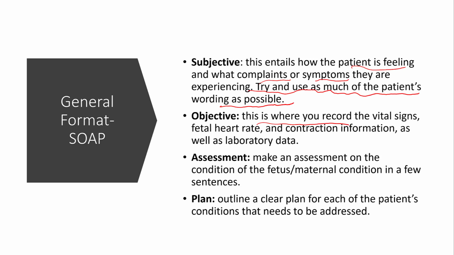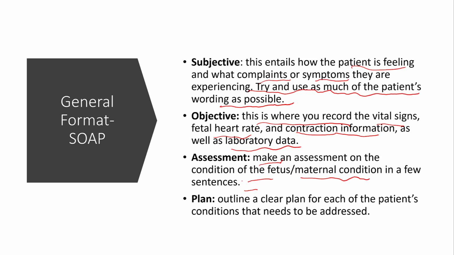The objective is the area where you would record the vital signs, fetal heart rates, contraction information, as well as any lab data. The assessment is the assessment of the fetus and the maternal condition in a few sentences: in pain, in labor, having show, having early pregnancy bleeding, or retained products of conception.